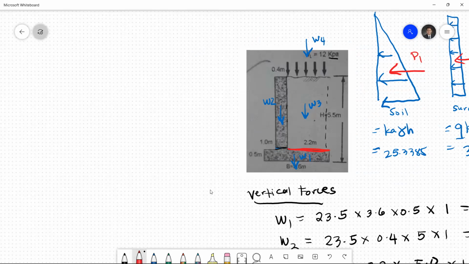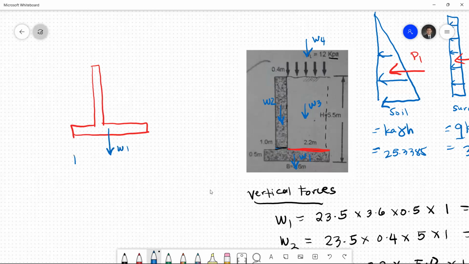So let us draw it again. The distance of W1 is equal to 1.8. The distance of W2 is 1 plus 0.2, that is 1.2.